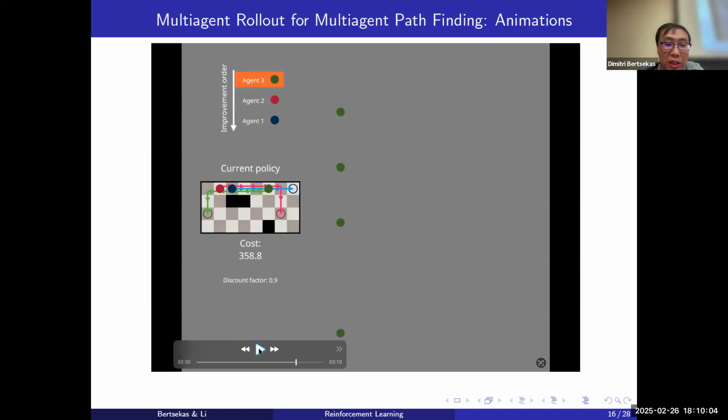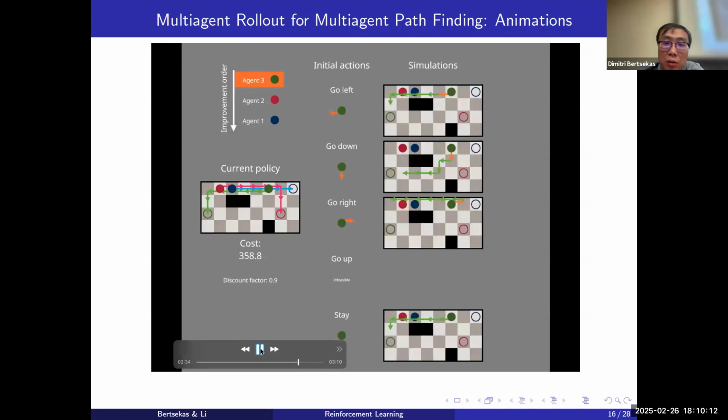Let's finish the animation. In this particular case, going up is not feasible, right? And we get to run the simulations. As you can see, even with only this one agent, you already find the optimal path. So this clearly demonstrates the order in which the agents are optimized matters and makes a difference. In this particular case, it makes a big difference.